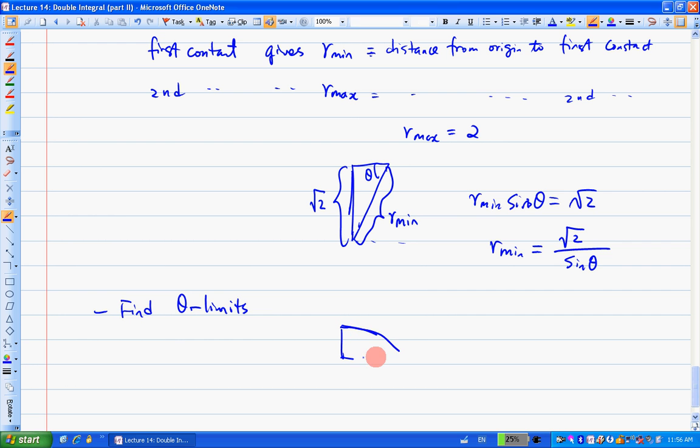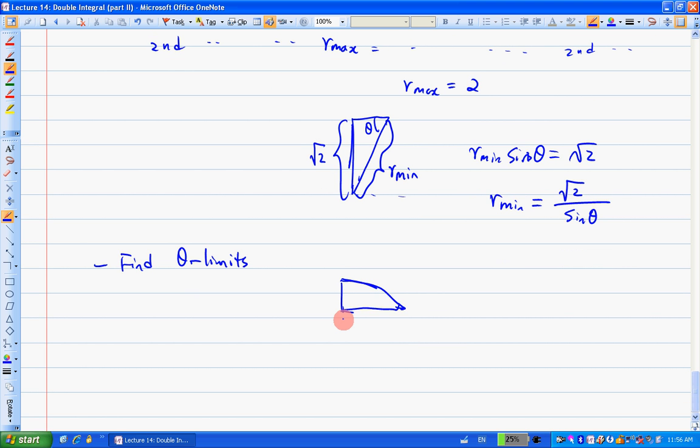Here is this region here. The first bound is here, the second bound is here. So this angle here is theta min, and this angle here is theta max.